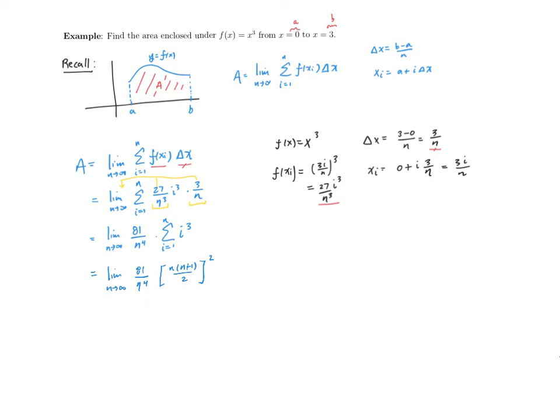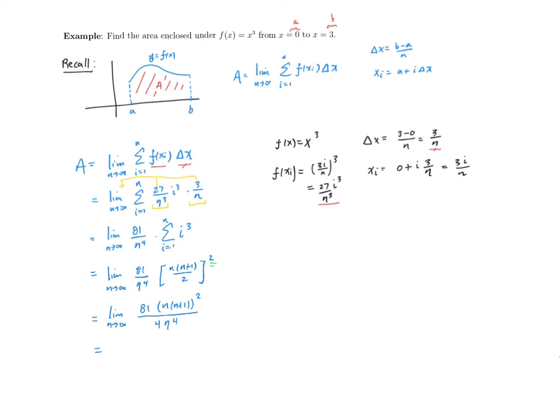And when it comes to evaluating this limit, we can more or less do this at once, but I'm going to take one more step just to make it as clear as possible. Making this a single fraction and remembering that we have this square to take care of, in the top we would have n times n plus 1 quantity squared times 81, and in the bottom we would have 4n to the fourth.